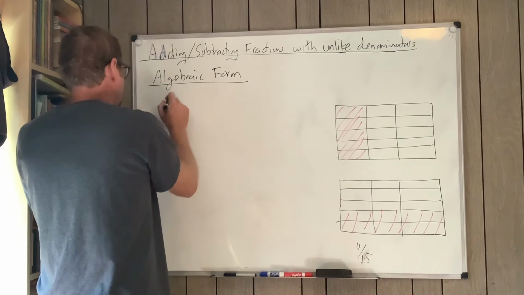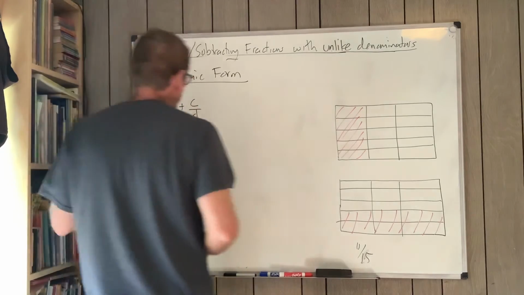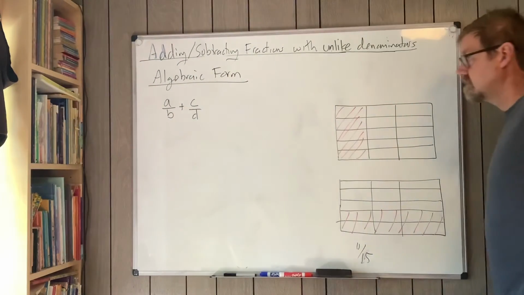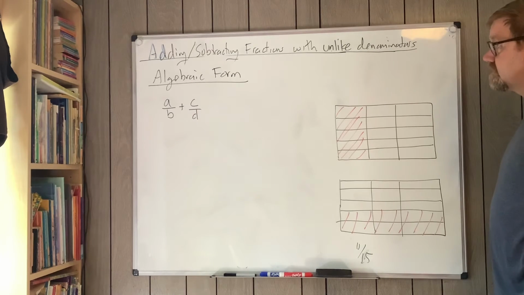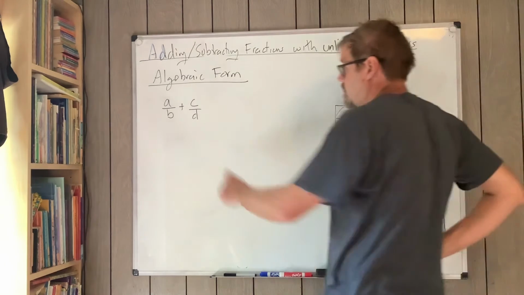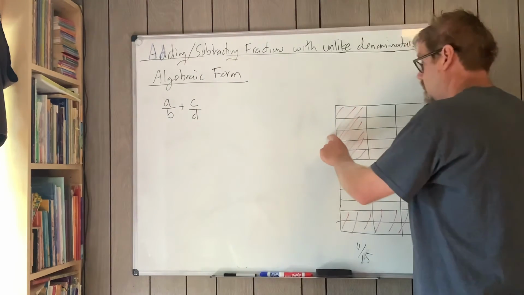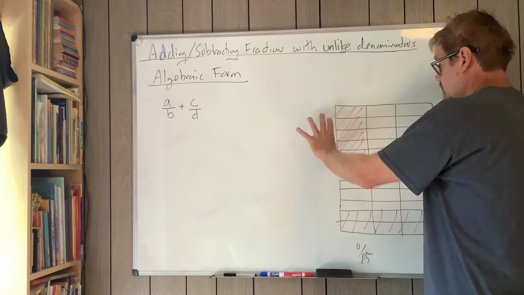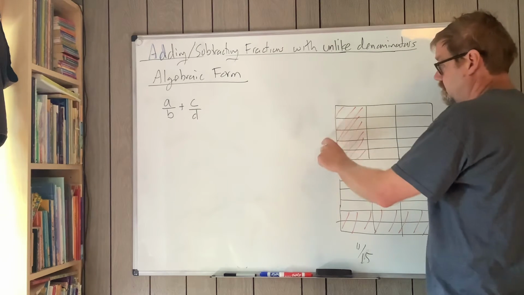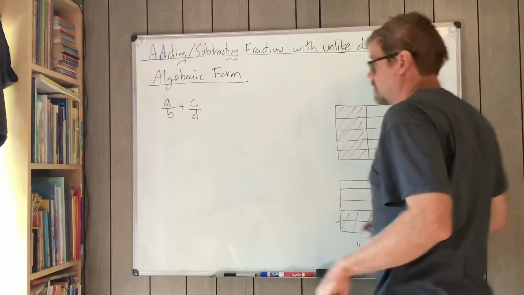So I'm going to do A over B plus C over D. One thing we can do with this is look at what I did here: I made an equivalent fraction by cutting the other fraction a number of times.